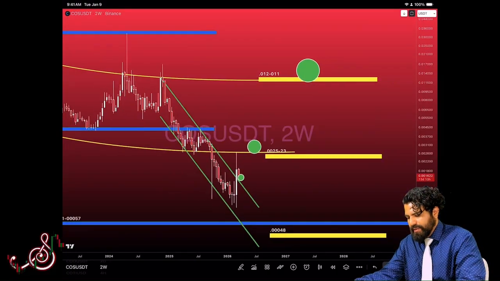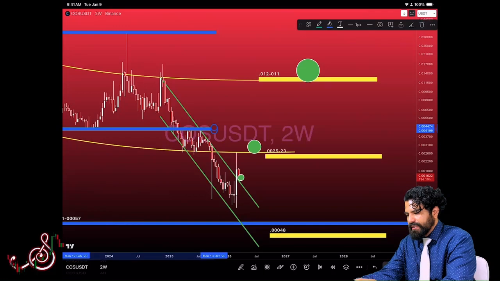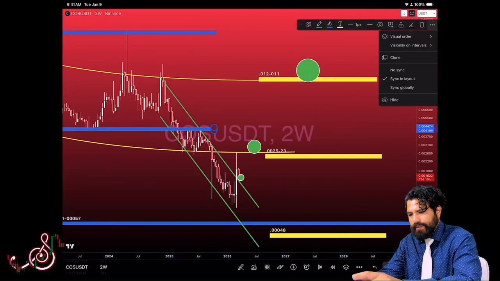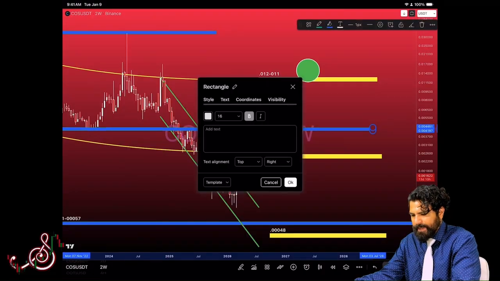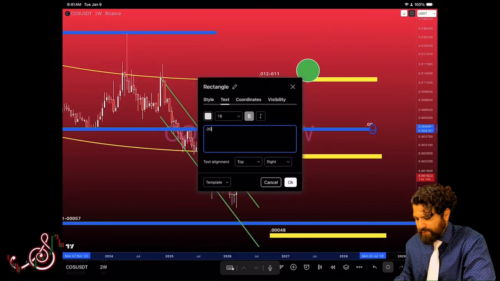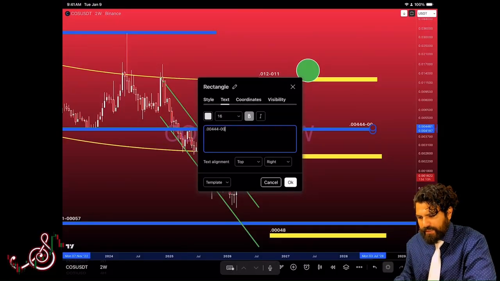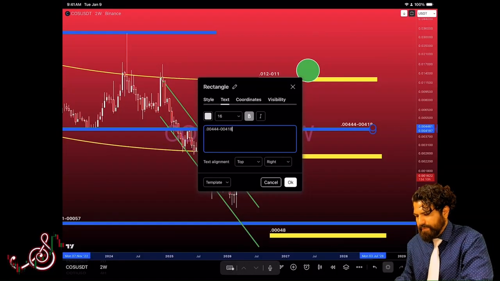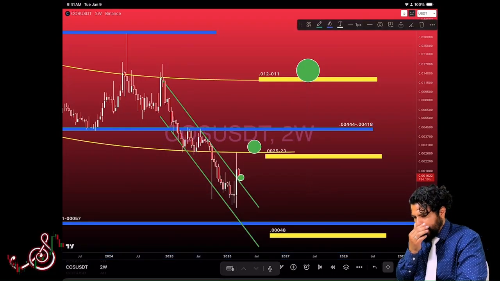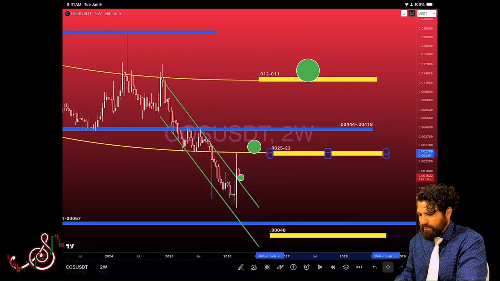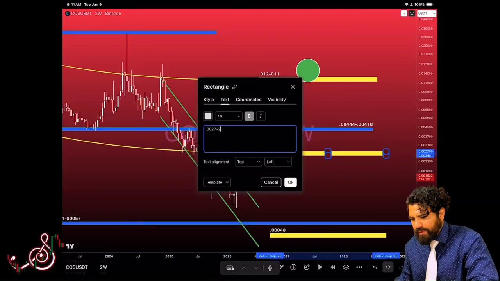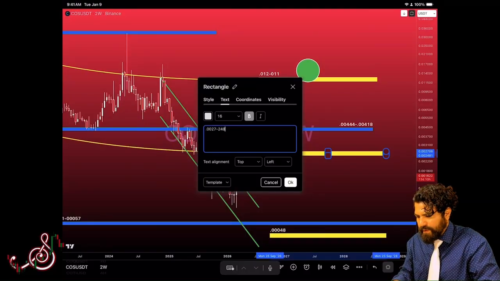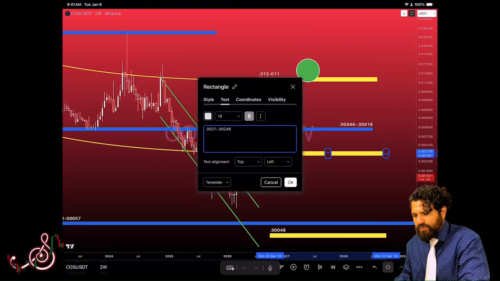So let's draw some of these resistances a little bit more. I'm just going to bring this one out. And I'm going to put some numbers on the board for you. 0.0044, 400,418. All right. This number can come up a hair, 27 to 24, 8. 0.00248.